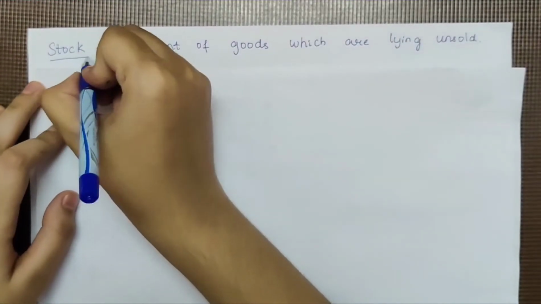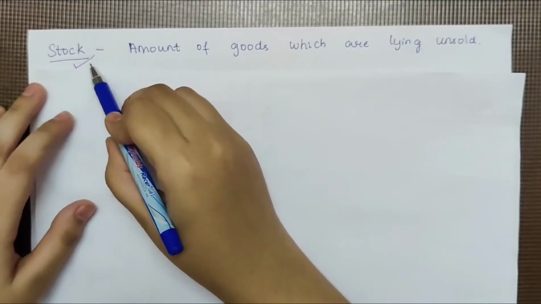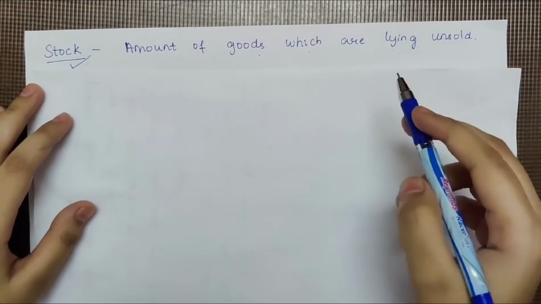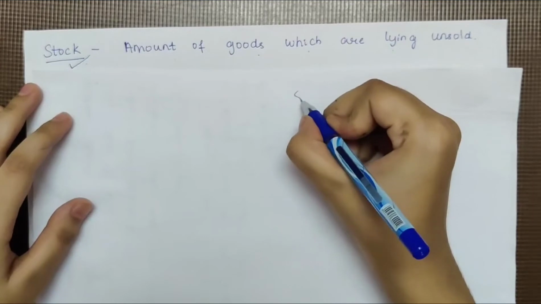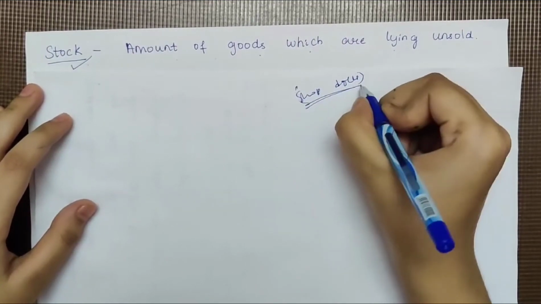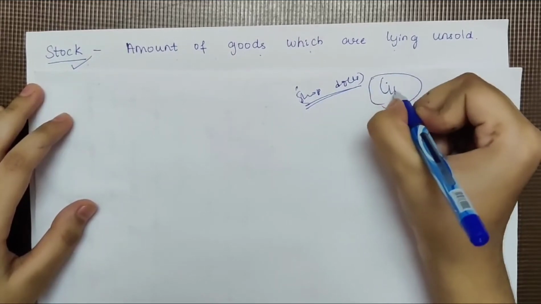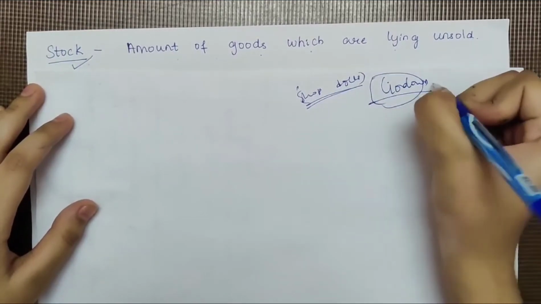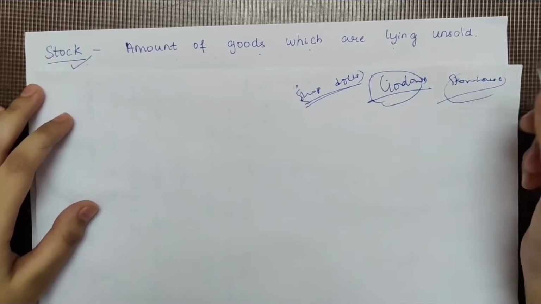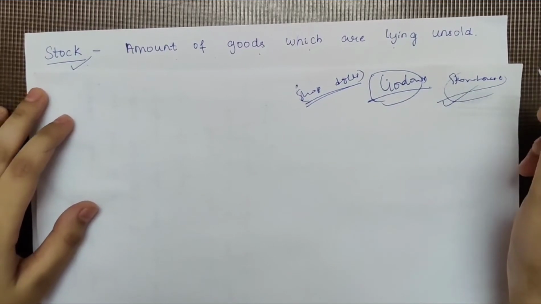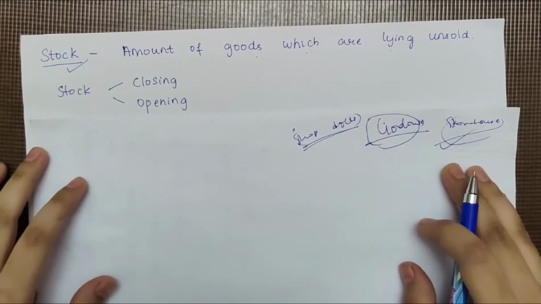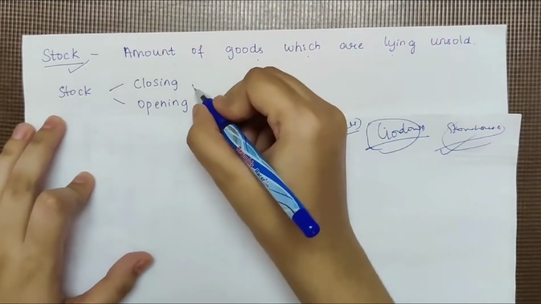And the next term is stock. What is stock? Amount of goods which are lying unsold. For example, there is a shop of dolls, and if the dolls are unsold, lying in the godown or a storehouse, those are called unsold goods, that is stock or inventory. Stock is of two types. One is closing stock and the other is opening stock.